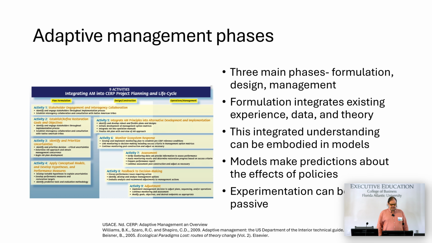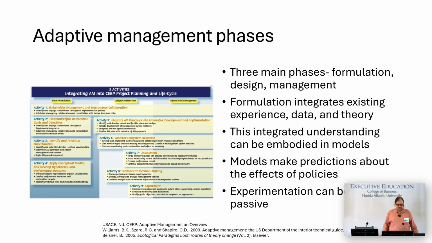So there's three main phases for adaptive management, and I've taken this framework from the Everglades Restoration. The first one is the formulation phase, on the far right over there. And then the next phase is design and construction of the decision.